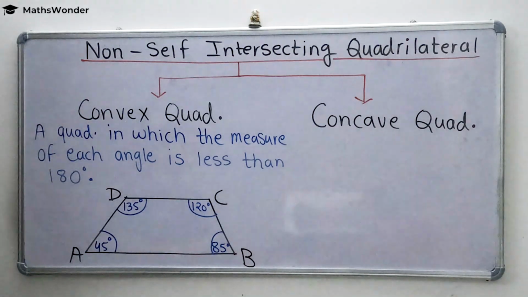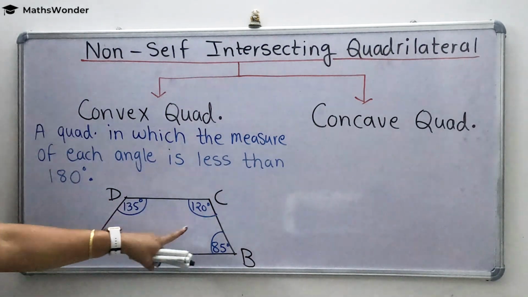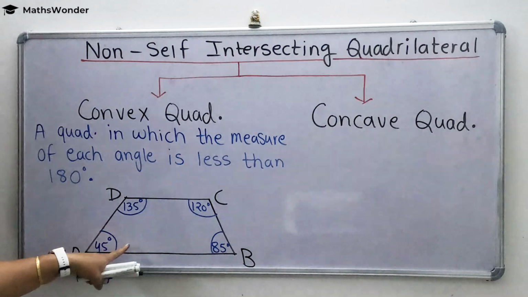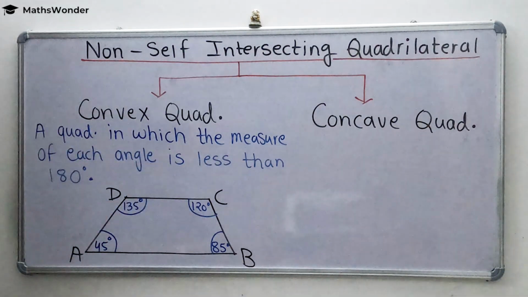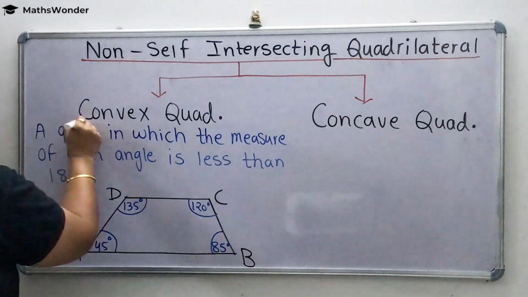So this is the convex. Now you can see each angle is less than 180 degree, right? 135 is less than 180, 120 is less than 180, 45 is less than 180 and 85 is less than 180. So the quadrilateral in which the measure of each angle is less than 180 degree is called a convex quadrilateral.